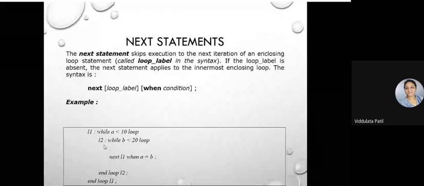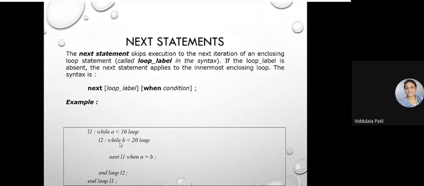Now in that there is again a nested loop, that is L2, which is again a while loop. It runs for the condition B is less than 20.